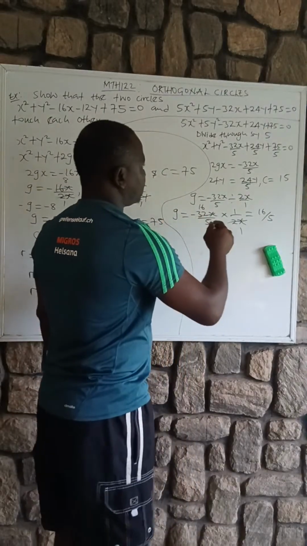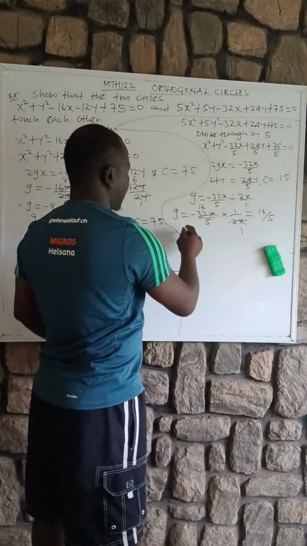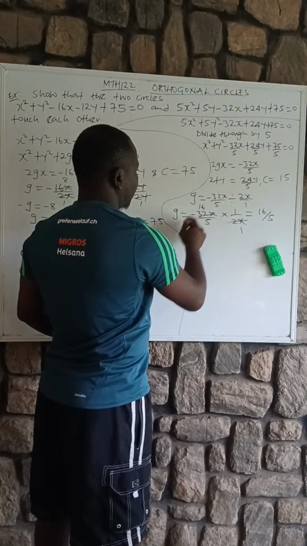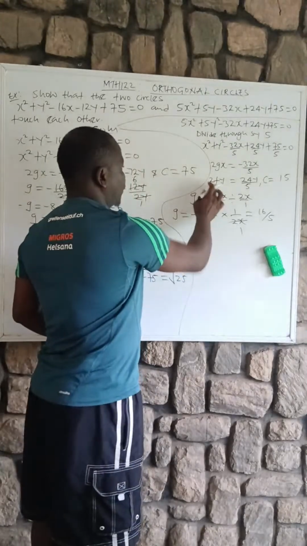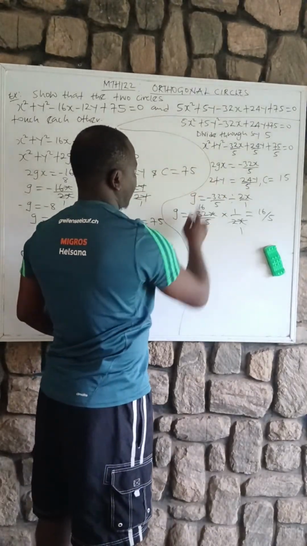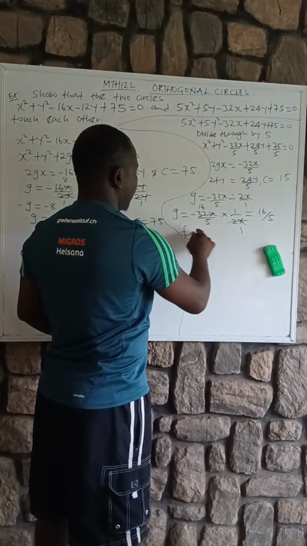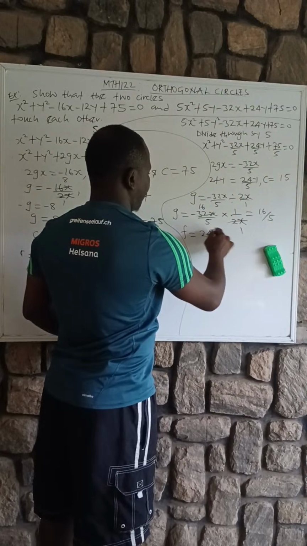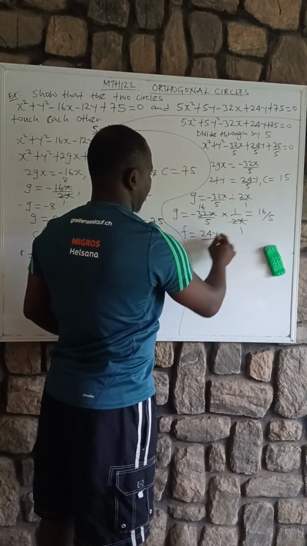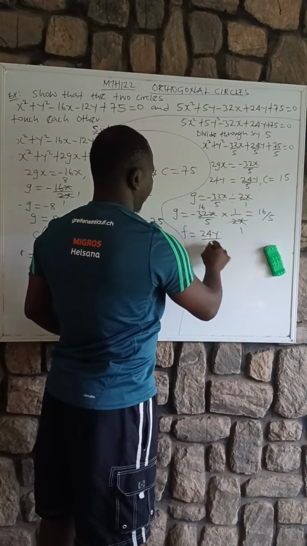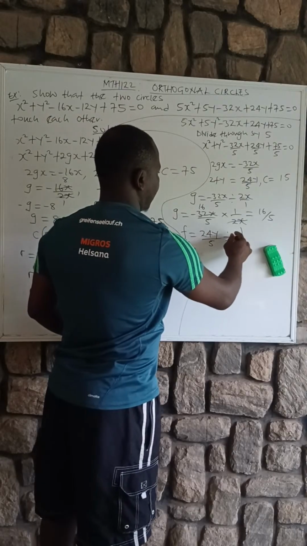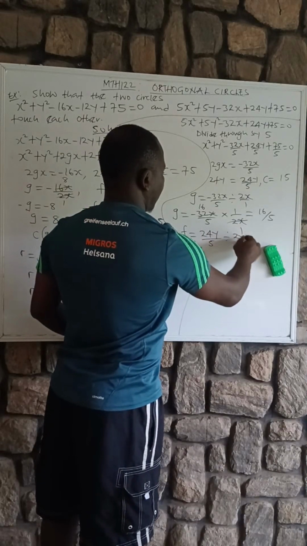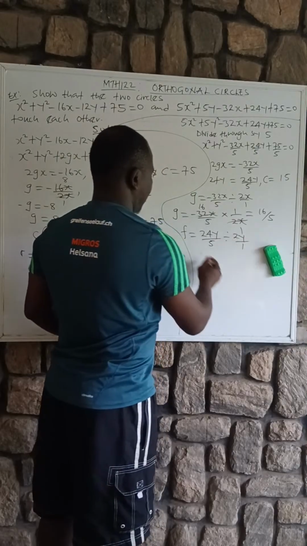Then, amen, likewise, our F. How can we obtain our F? It is divided by 2y. So F will be equal to 24y all over 5 divided by 2y all over 1.